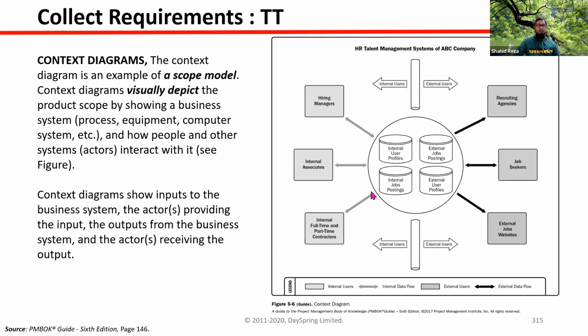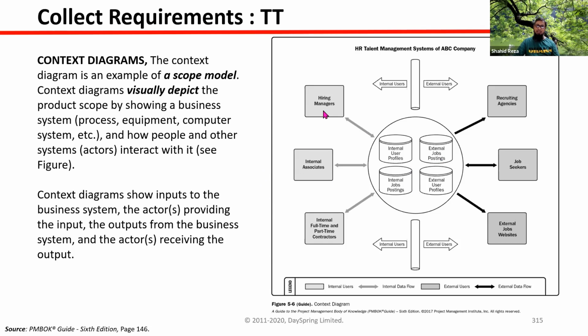Internal HR people can post jobs. Full-time or part-time employees can apply for the job. Jobs are also posted for external people. External people can see the job postings and create their profile, and for any job that matches their profile, they can apply.